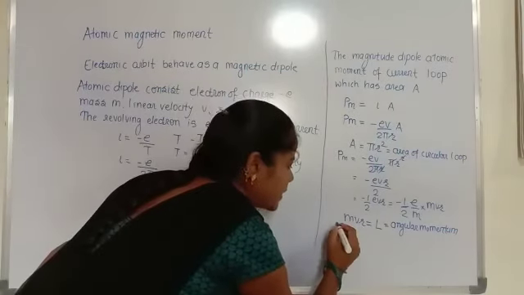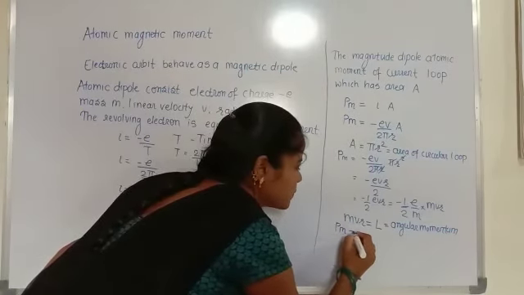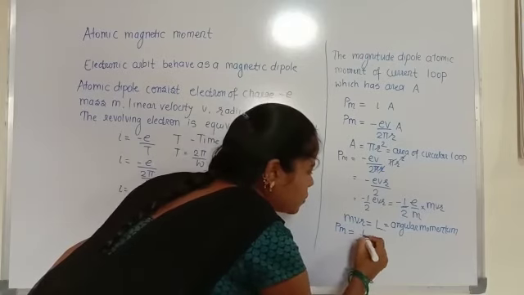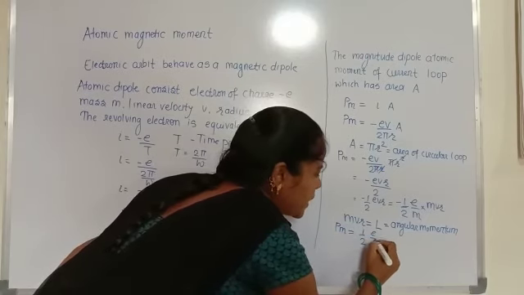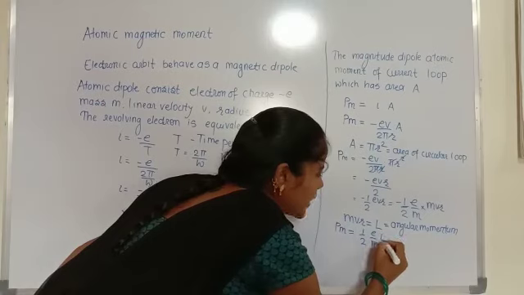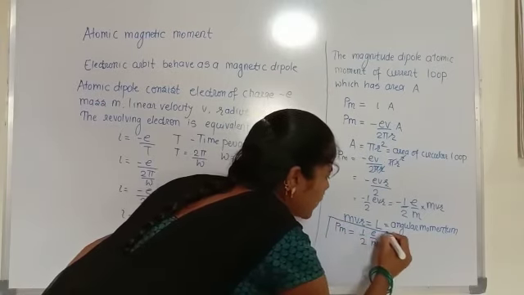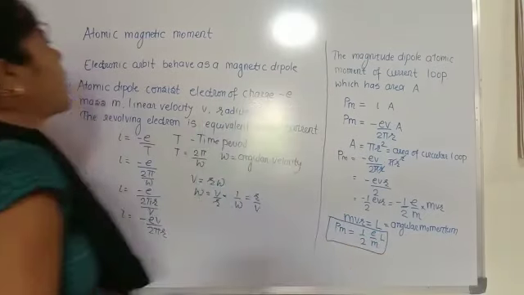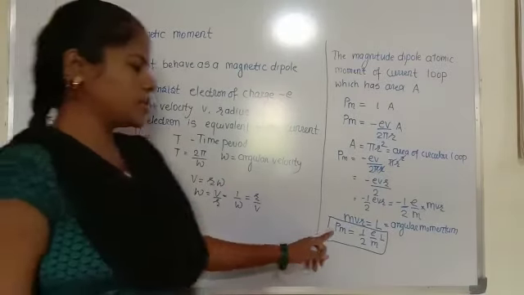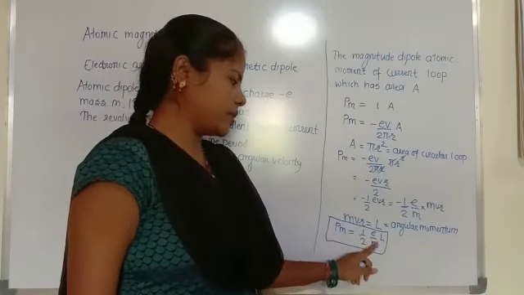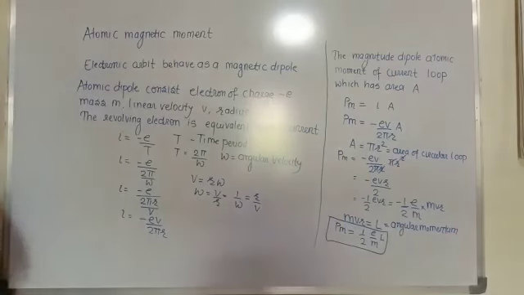So we get Pm is equal to minus 1 by 2 into e by m into L. So this is the expression for the atomic magnetic moment.